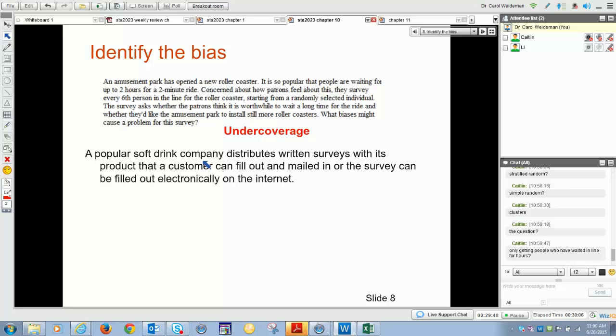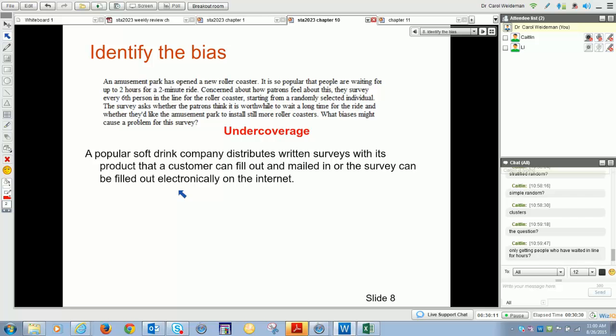A popular soft drink company distributes written surveys with its product that a customer can fill out and mail in, or the survey can be filled out electronically or on the internet. And again, we're talking about identifying a bias here. What kind of bias do we have here? So they gave these surveys with the product. The customer can fill it out and mail it in, or it can be done online.